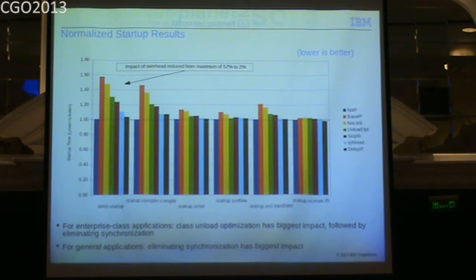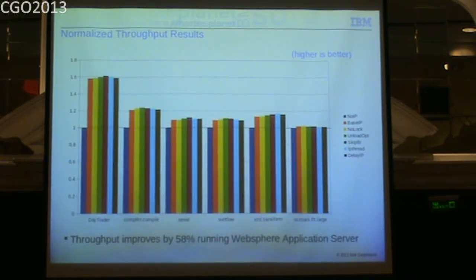So the interesting thing about WebSphere application server startup time is that the class unload optimization had the biggest impact, followed by eliminating synchronization. In general, for the rest of the applications, eliminating synchronization had the biggest improvement for startup. And now I'll also show you our throughput results.